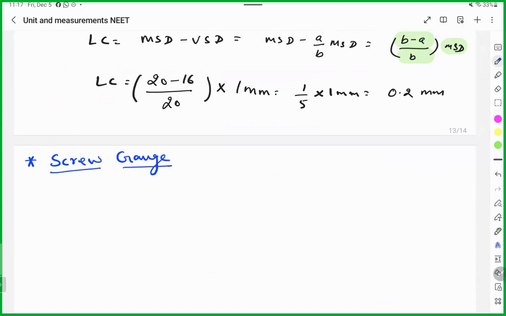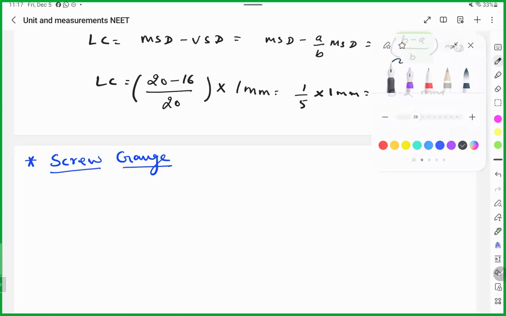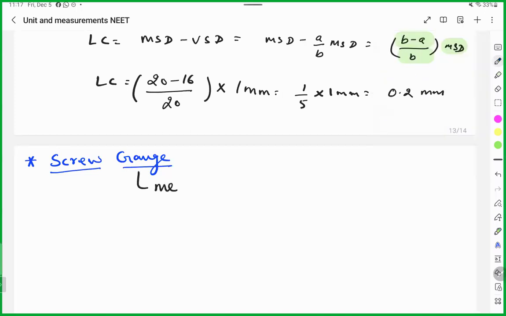In the case of the screw gauge, this is one of the best instruments to measure any spherical or cylindrical object. You measure the same thing that a Vernier caliper does, but with more precision.